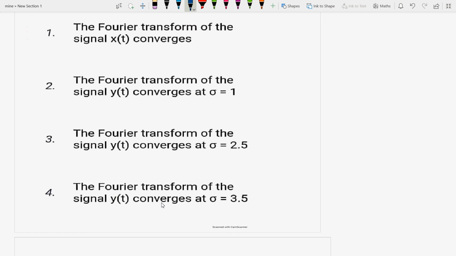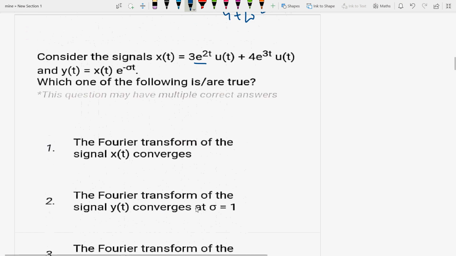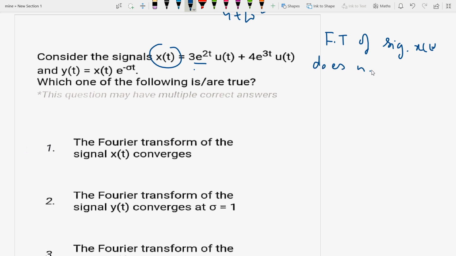So first of all, let me clearly explain to you that the Fourier transform of signal x(t) does not exist. This is x(t). Why does it not exist? Because of the presence of a growing exponential.